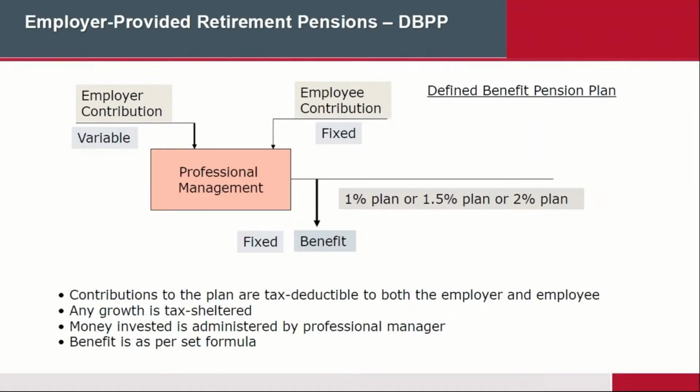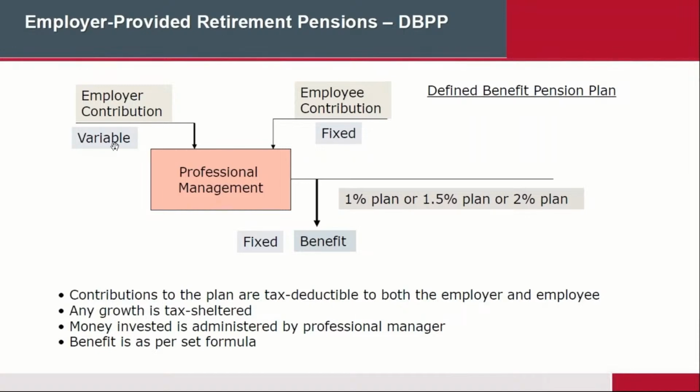So here, what happens is the employer throws in an amount of money, and that money could change, obviously, okay? And the employee throws in their money, and the employee's money is fixed. In other words, the employee says, I'm going to pay $500 every single year. That's fixed. The employer, on the other hand, could change his mind.